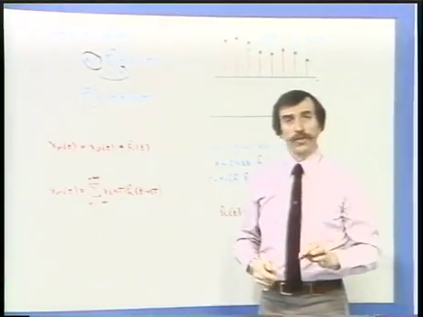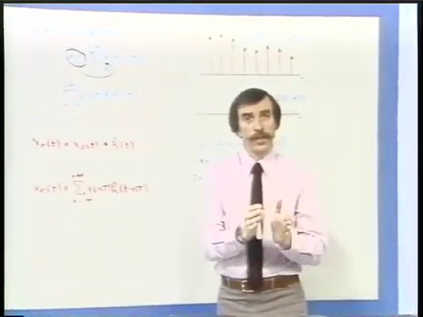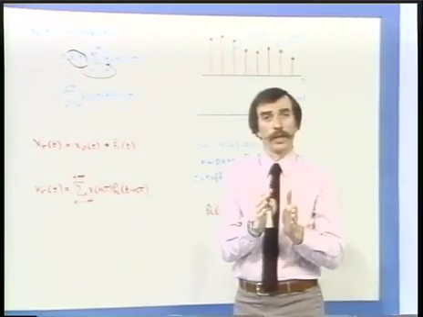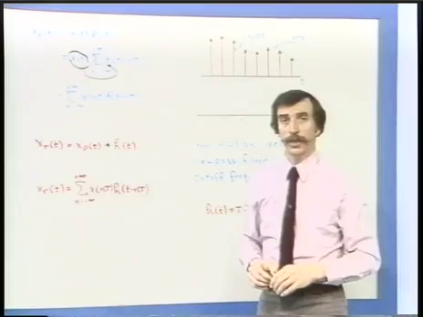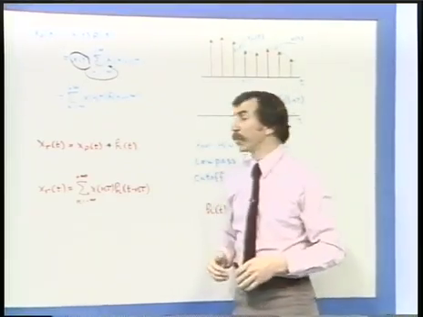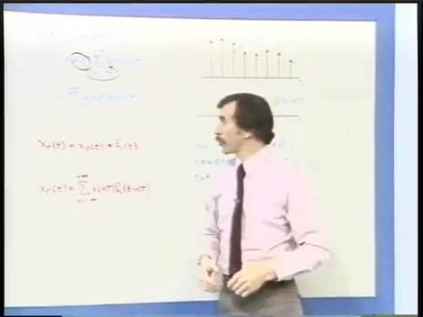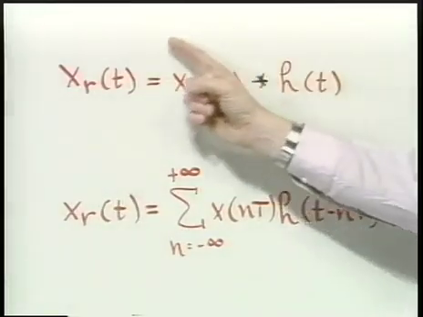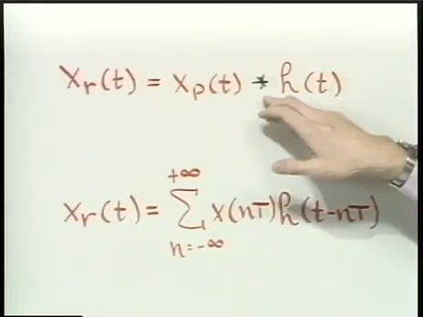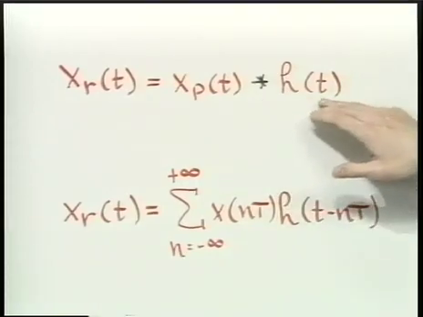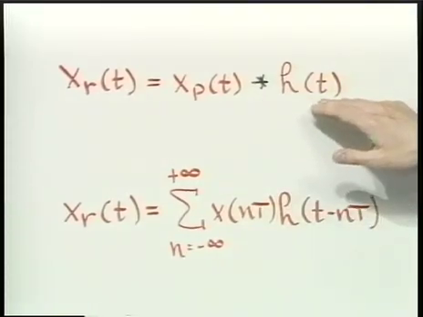Now, in the reconstruction, we process that impulse train with a low-pass filter. That's the basic notion of the reconstruction. And so in the time domain, the reconstructed signal is related to the impulse train of samples through a convolution with the filter impulse response.